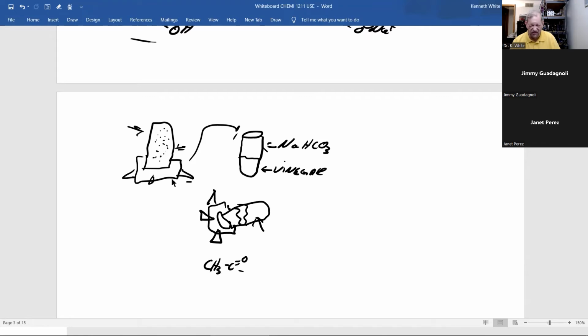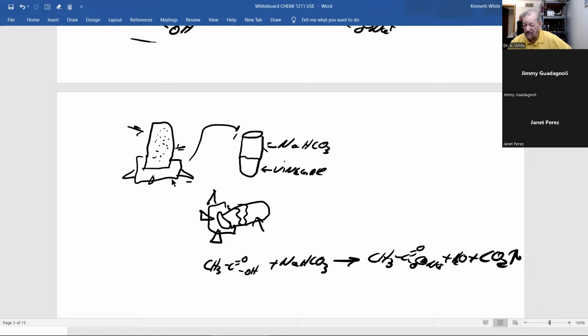The vinegar, acetic acid, and the baking powder react and you get this carboxylated salt, and water. But the most important thing, you see bubbles and you form this gas, CO2. And the gas builds up pressure here till the top pops off. And it looks like you just blasted off your rocket ship.